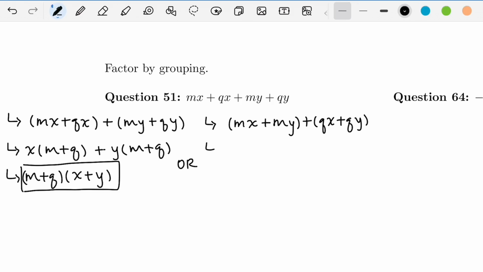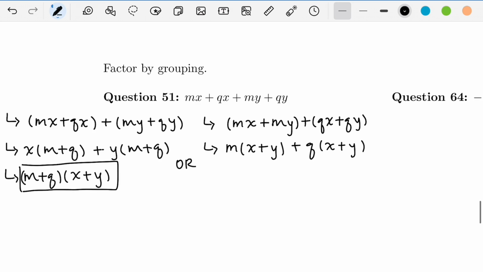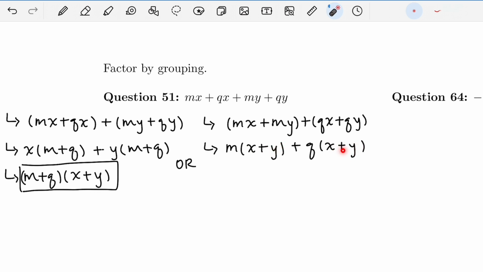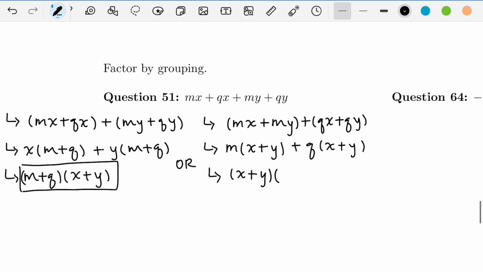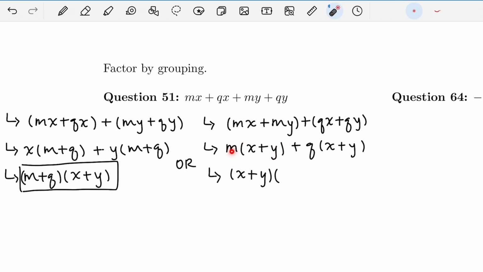So we can follow the same steps and pull out these common factors. We're left with this here. Now notice these two terms share a common factor of x plus y, so we can pull that guy out. Doing so, for our first term, we're just going to be left with an m, and for our second, we're going to be left with a q.